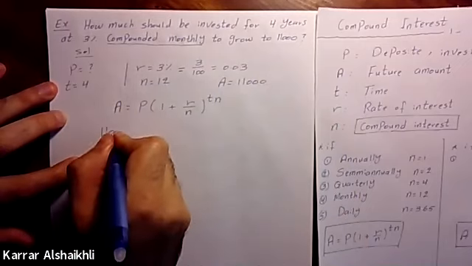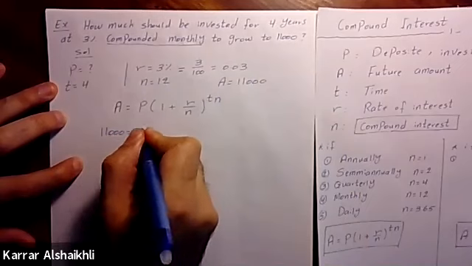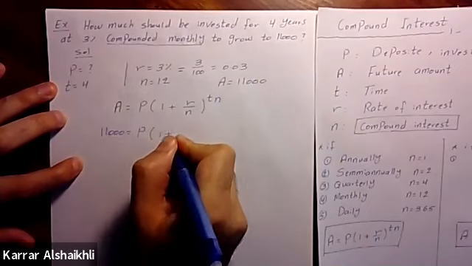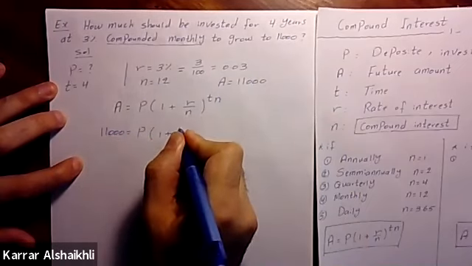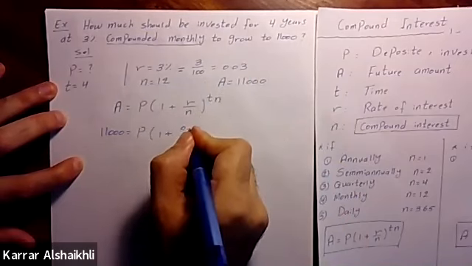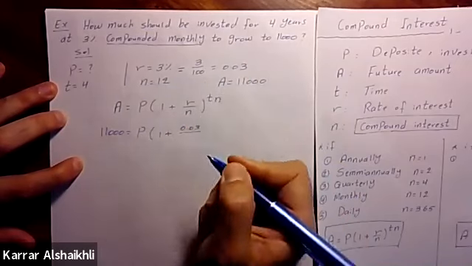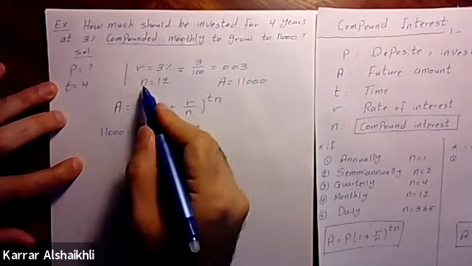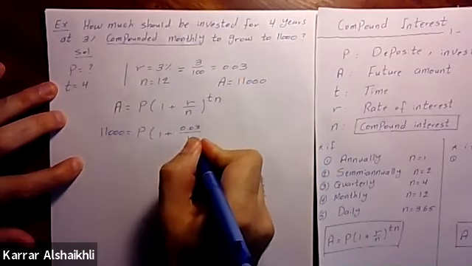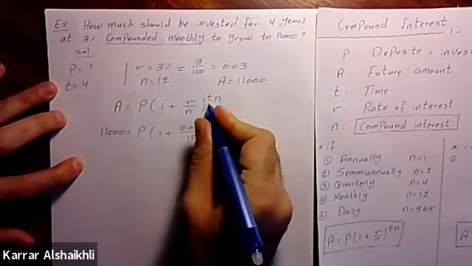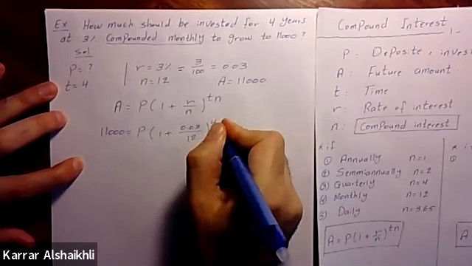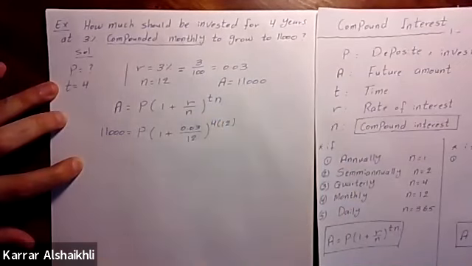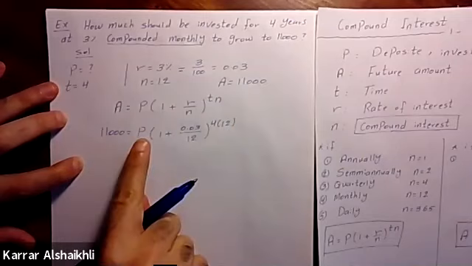Here's the 11,000 equals P times 1 plus r, the rate of interest, which is 0.03, divided by n, which is compounded monthly, 12, to the power t, the time, 4 times 12. I have all the information now. I just need to find the variable.